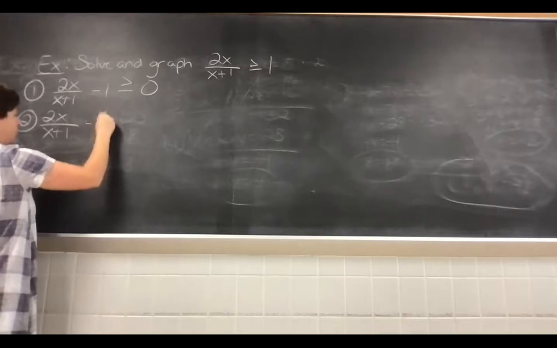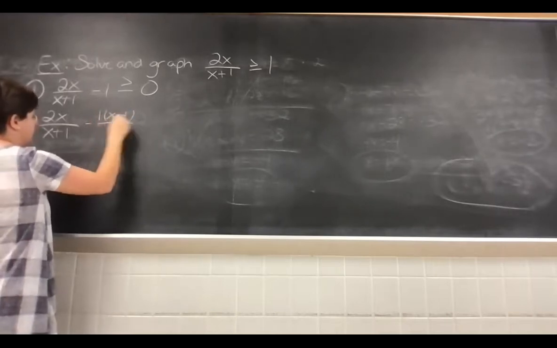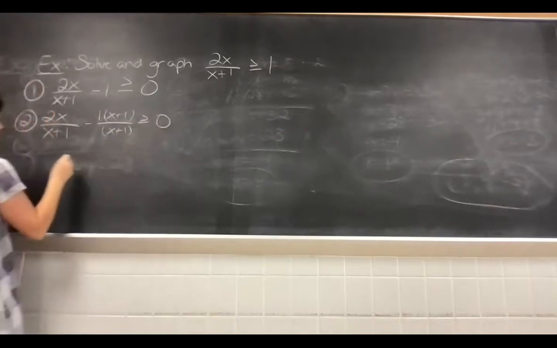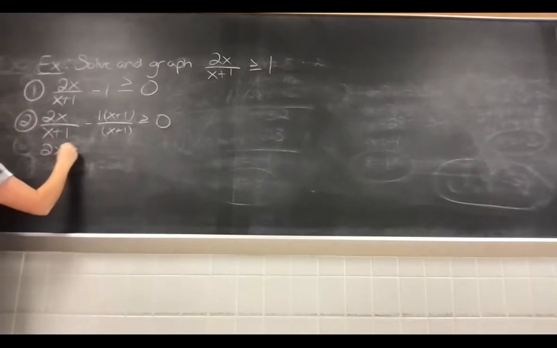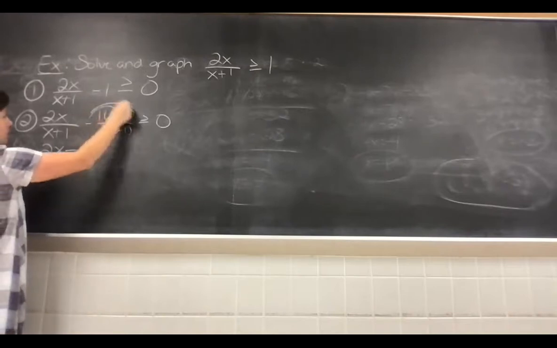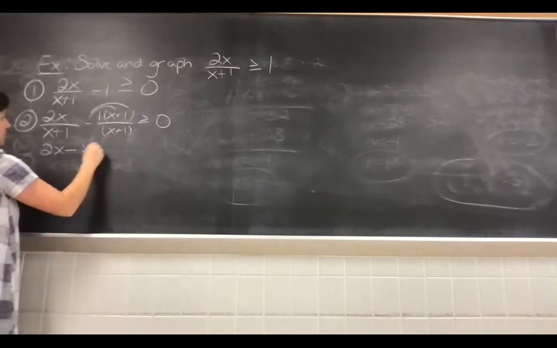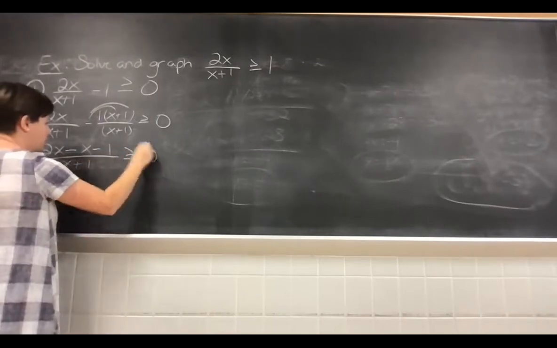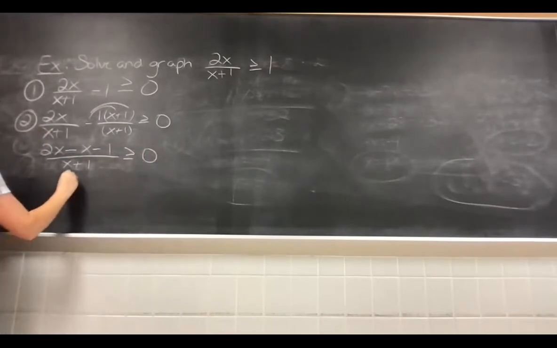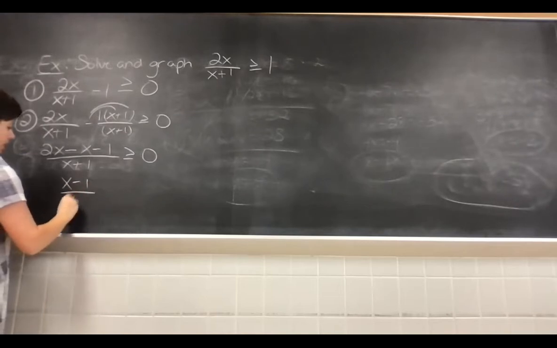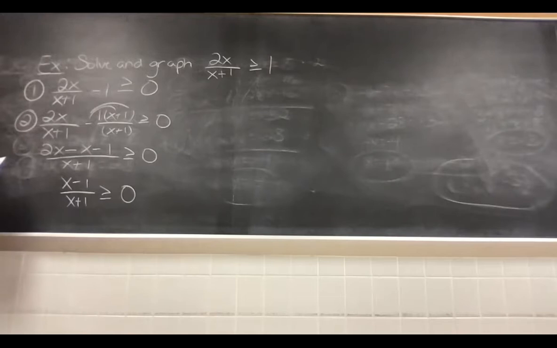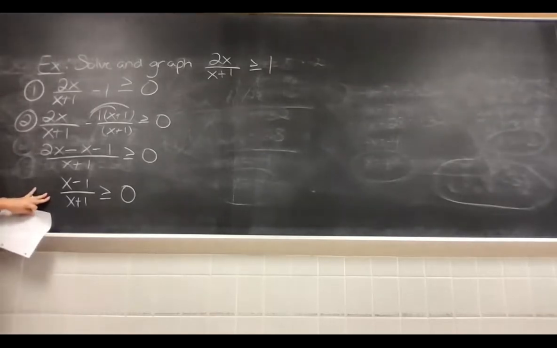So I'd have 1 times x plus 1 all over x plus 1, greater than or equal to 0. So I get 2x, and I'm going to distribute that negative in, minus x minus 1, all over x plus 1, which is greater than or equal to 0. So I get x minus 1 over x plus 1 is greater than or equal to 0. There's my simplified one rational term compared to 0.